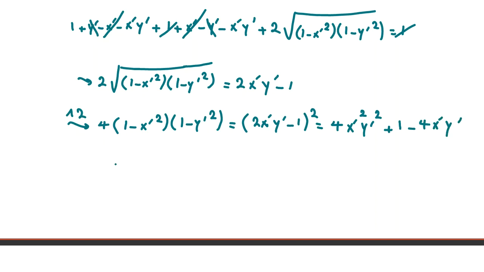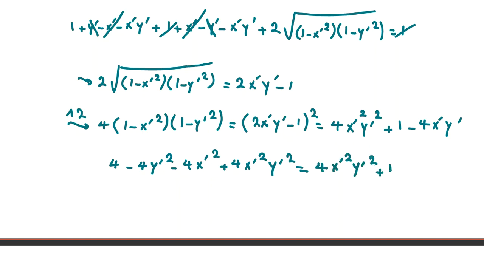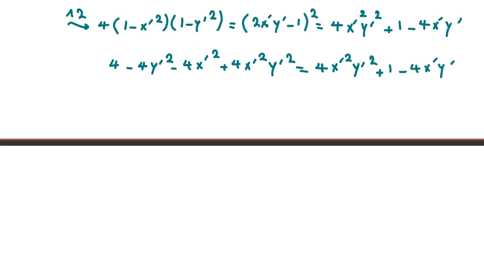Then here, if we simplify, it will be 4 minus 4y prime squared minus 4x prime squared plus 4x prime squared y prime squared equal to 4x prime squared y prime squared plus 1 minus 4x prime y prime. And then we cancel 4x prime squared y prime squared with this term, and we take all things to the left side.